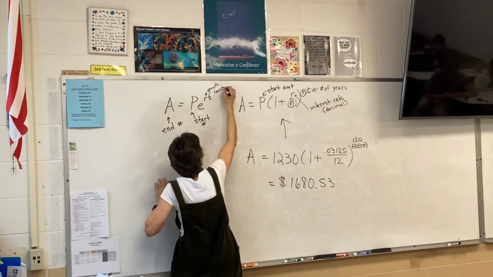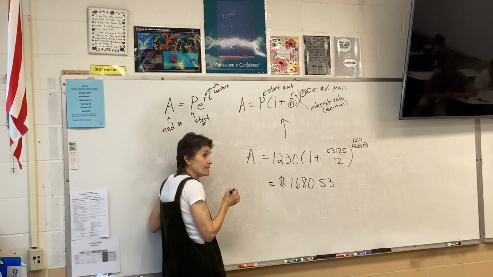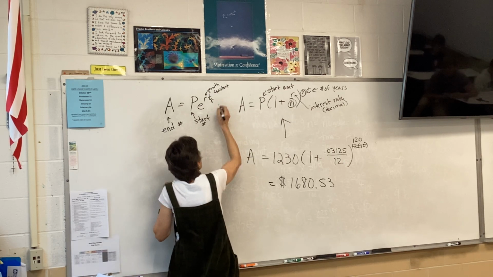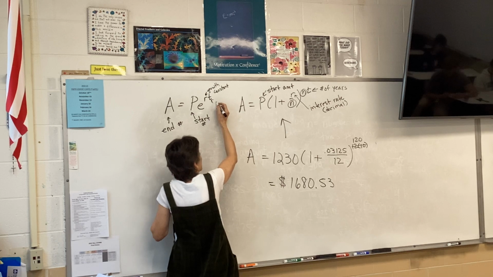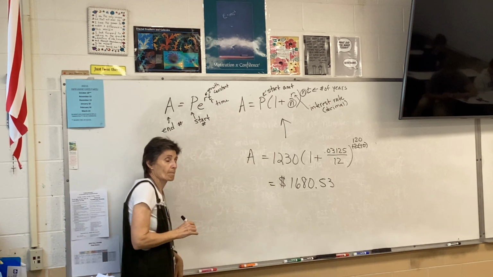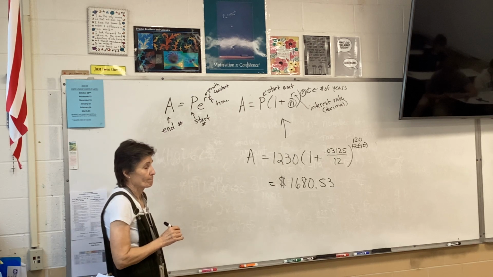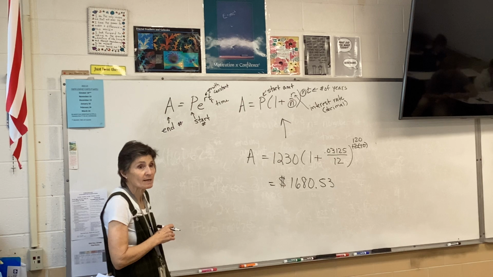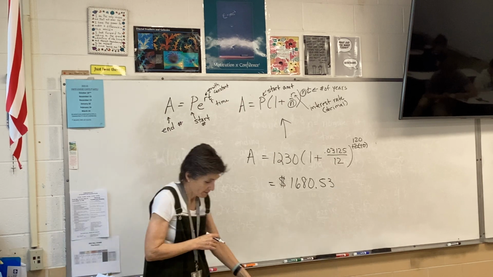In a money problem, that's the interest rate. But in the other problem, it's just whatever the growth constant is. And T is time. So pretty much everything stands for the same thing as it did in the other form.